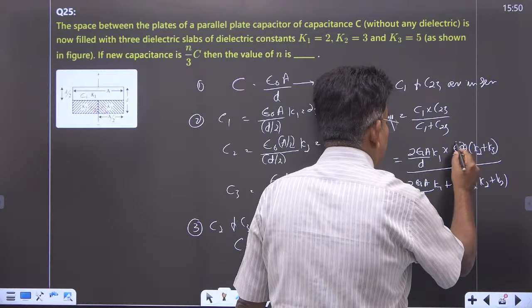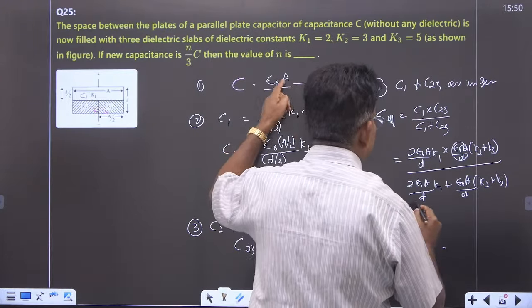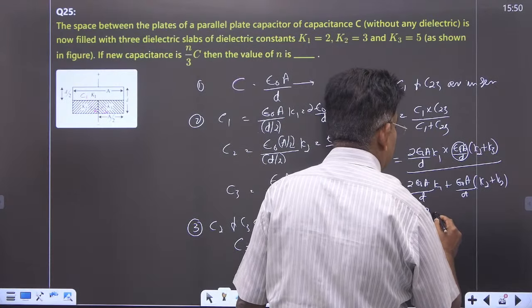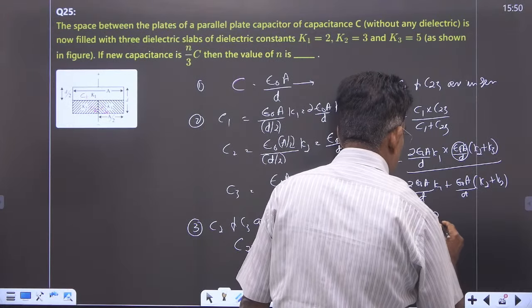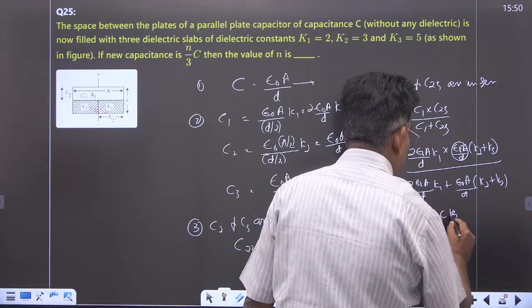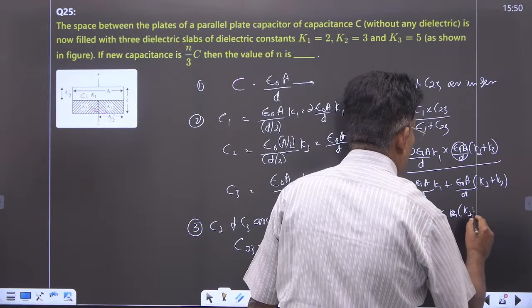This epsilon 0 A by D we call C, so I can write it as 2C K1 into K2 plus K3.